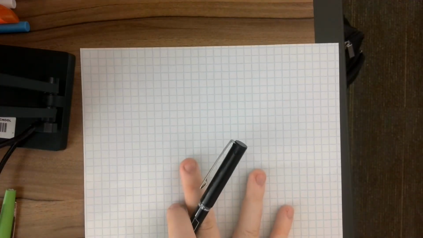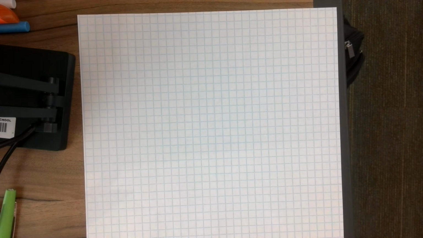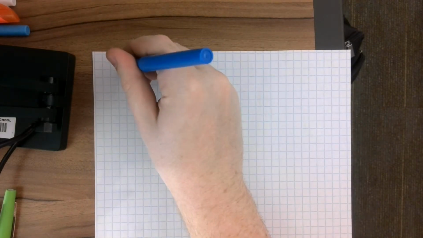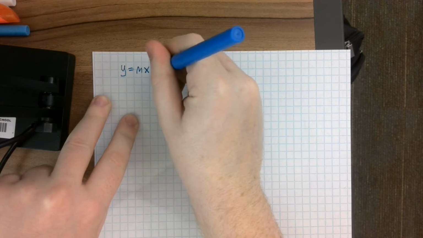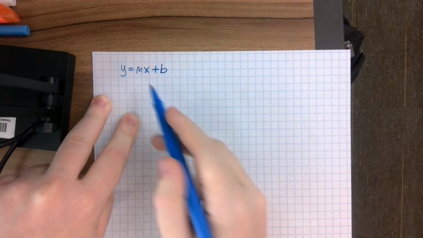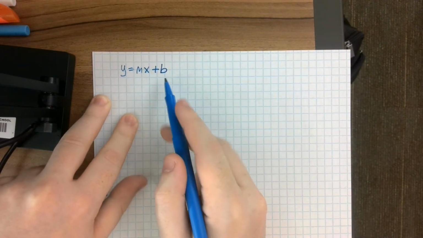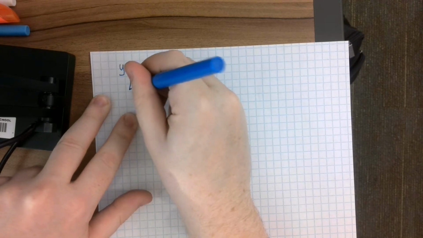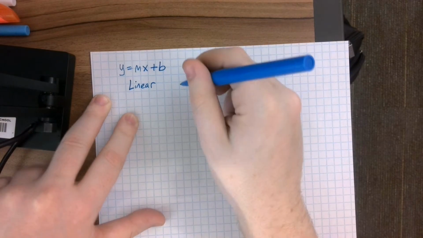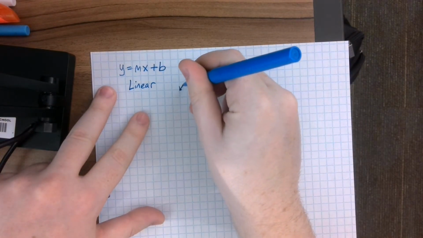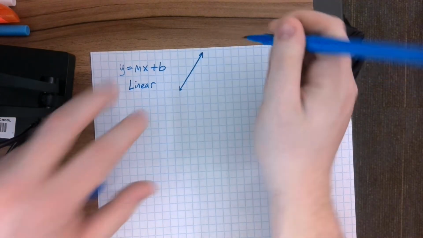Before we use that, though, I want us to talk a little bit and review what we've done with graphing. We've learned to graph, for instance, y equals mx plus b, where m is the slope and b is the y-intercept. We called this a linear function. And when something is linear, it makes a straight line.